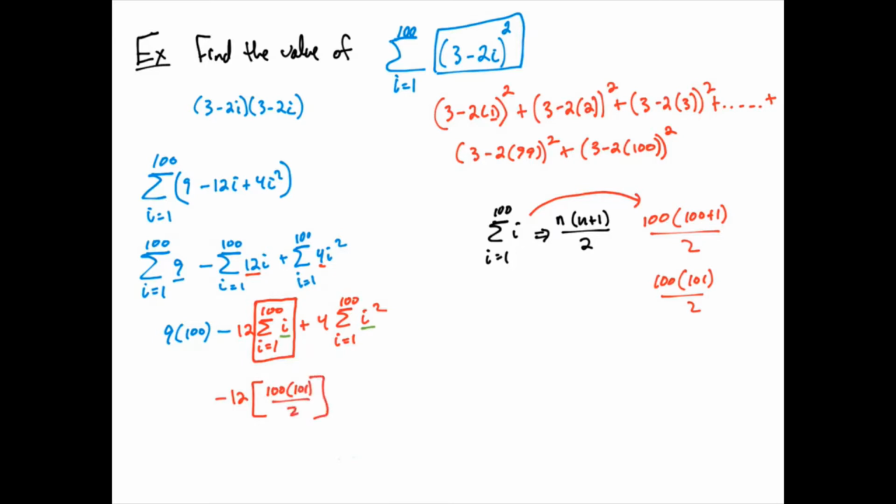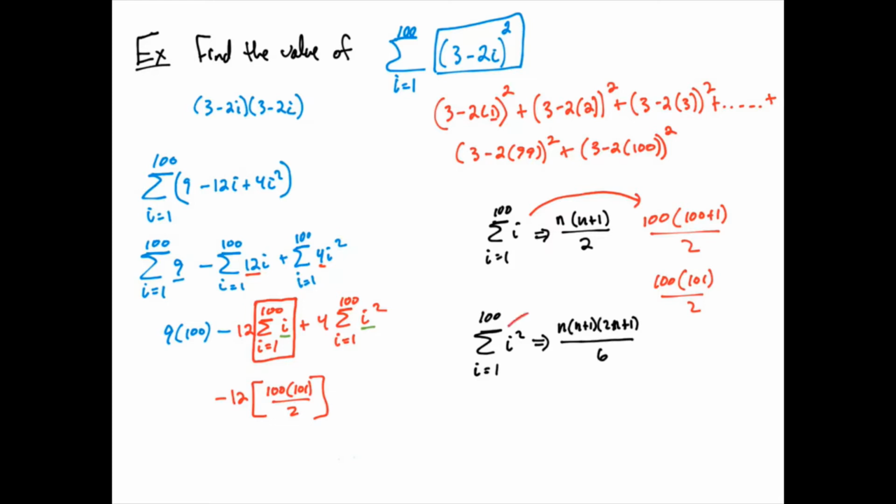And then the third term, let's talk about what this is equal to. When we have i squared, that's equal to n times n plus 1 times 2n plus 1 divided by 6.